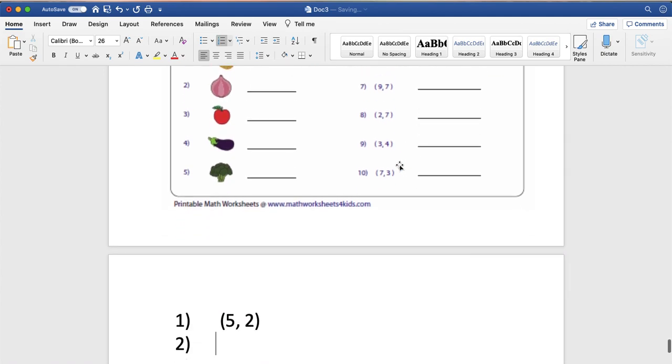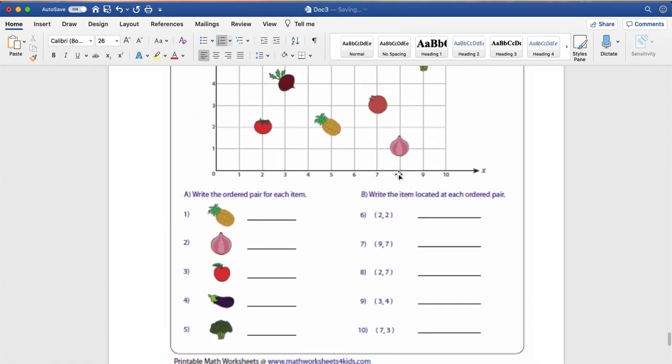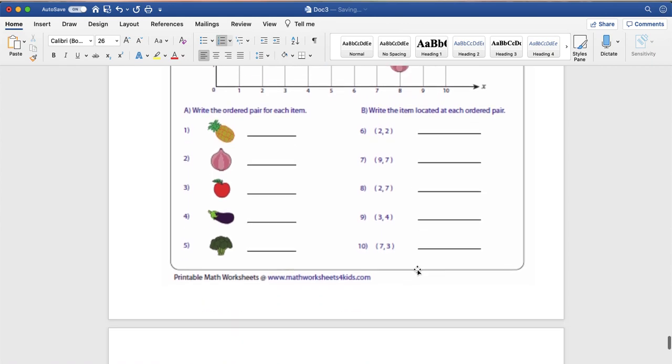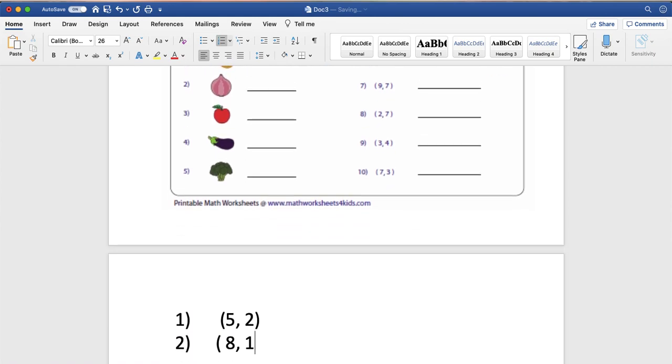Let me write that down. My parentheses 8, followed by a comma. And now, how high am I jumping? 1. So I only have to jump 1 spot. I write 1, close my parentheses.